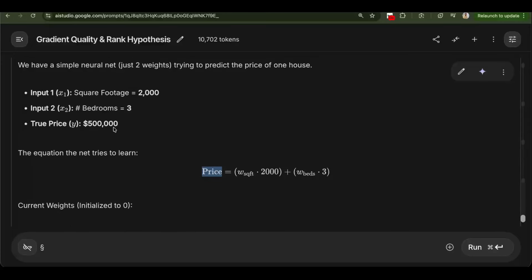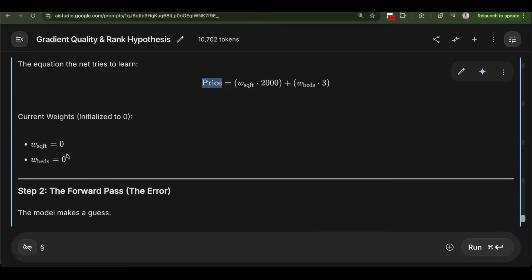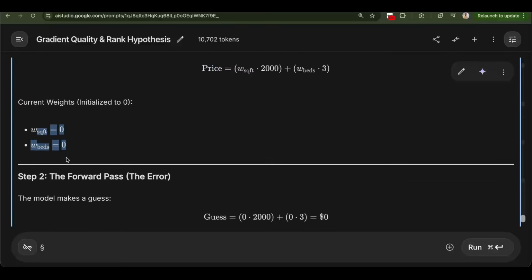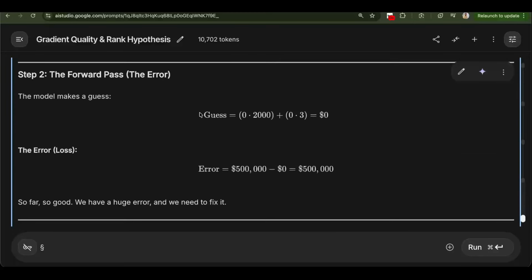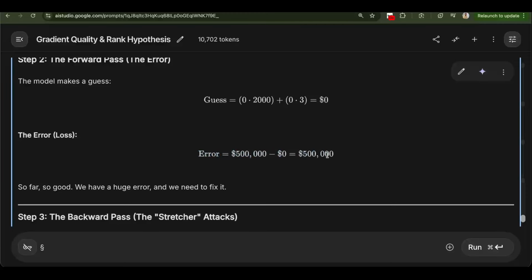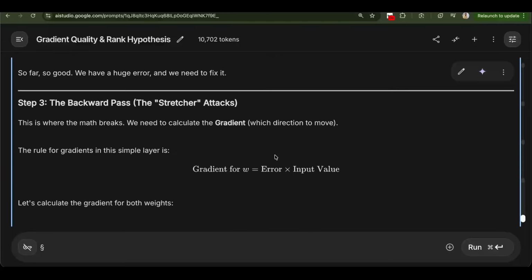Let's say it only depends on bedrooms and square feet and nothing else. Let's say we initialize these weights at 0, although you wouldn't usually. Now the guess is $0, so the error is 500,000 because that's the difference between the real and the guess.